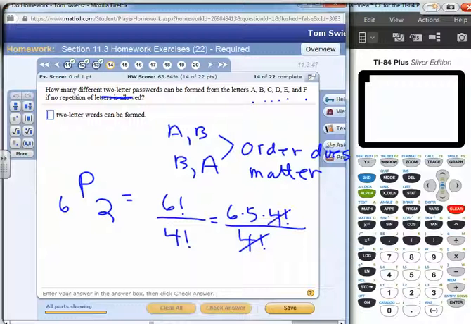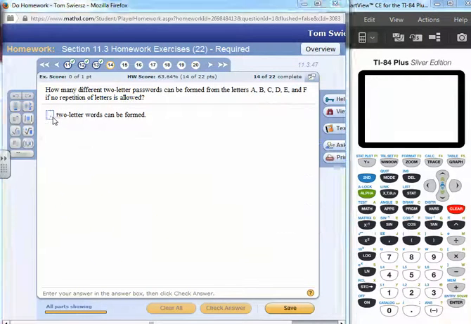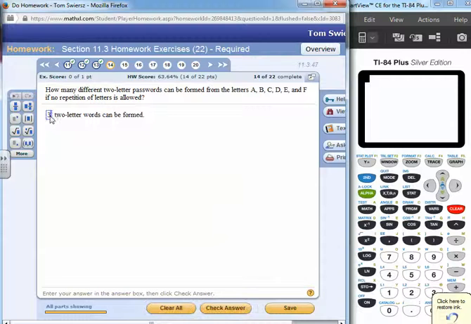The 4 factorials cancel. So 6 times 5 is 30. The numbers were pretty small, so I just did it by hand. Obviously, you can use your calculator to do 6P2, and you'll get 30. All right, very good. And that is indeed the correct answer.